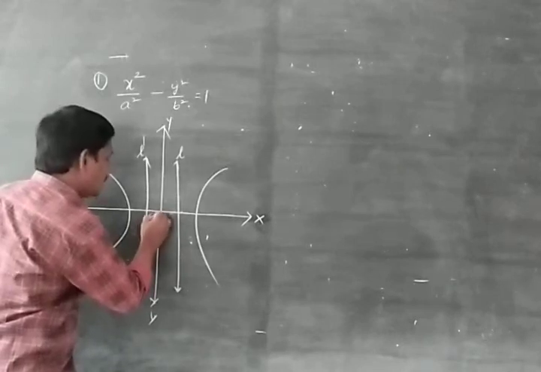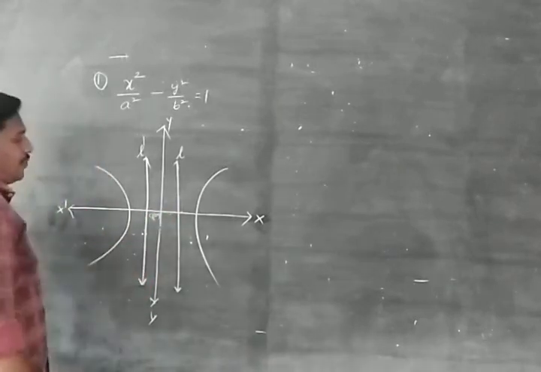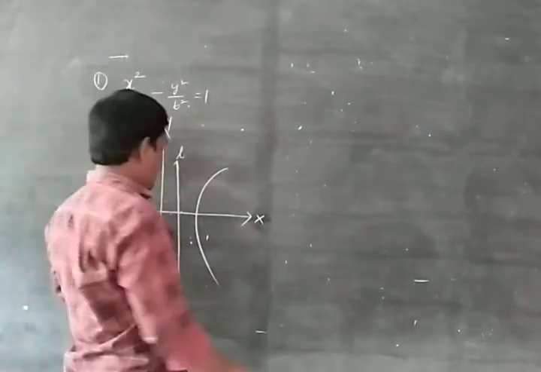So we can write the remaining ones. These are the vertices.